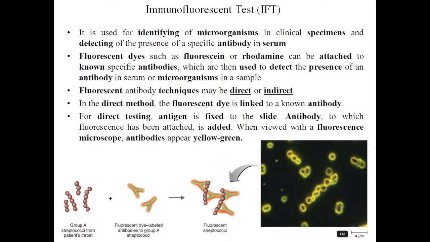In the direct method, the fluorescence dye is linked to a known antibody. For direct testing, antigen is fixed to the slide. Antibody to which fluorescence has been attached is added. When viewed with a fluorescence microscope, antibodies appear yellow-green. Let's look at this diagram.